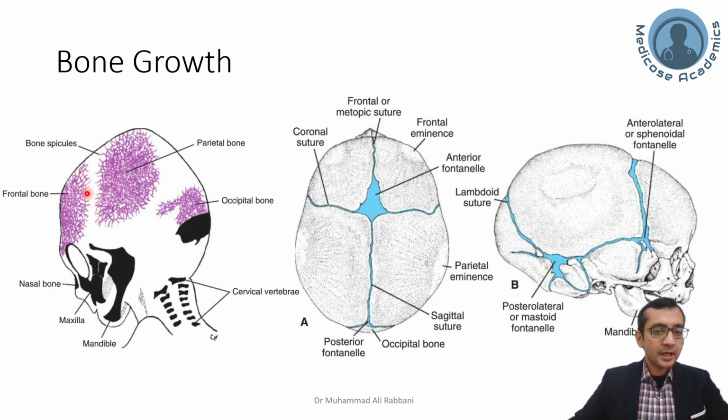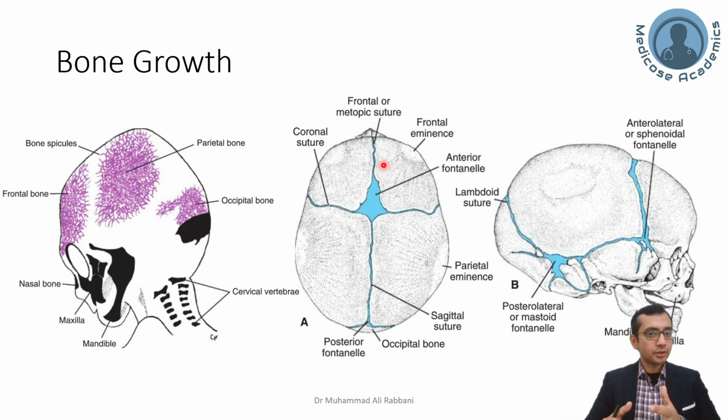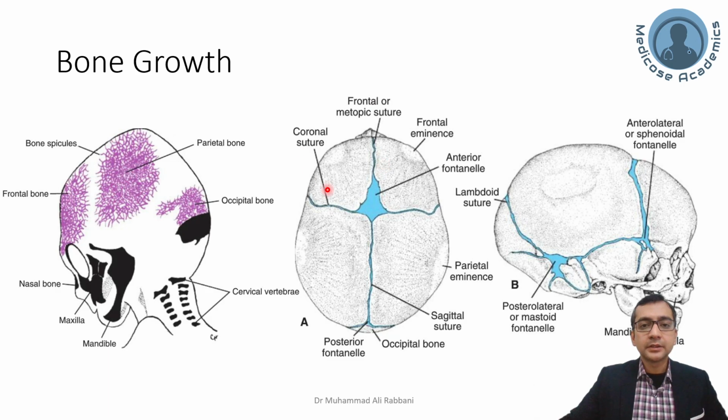Now, the interesting thing is when a child is born, it has still to grow a lot in size. This is an ossification center that grows till here, this is an ossification center that grows till here, they are not fused with each other yet in a younger age.